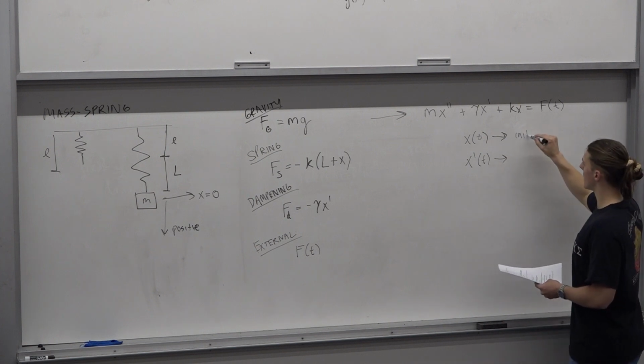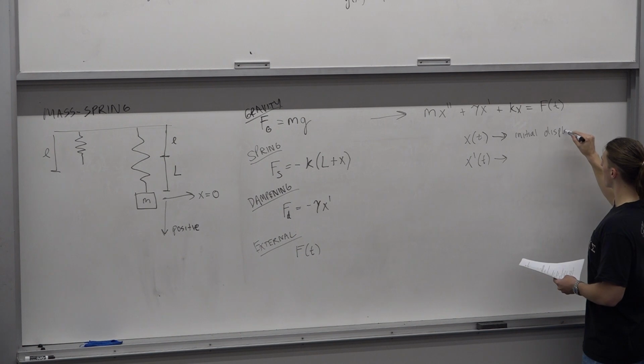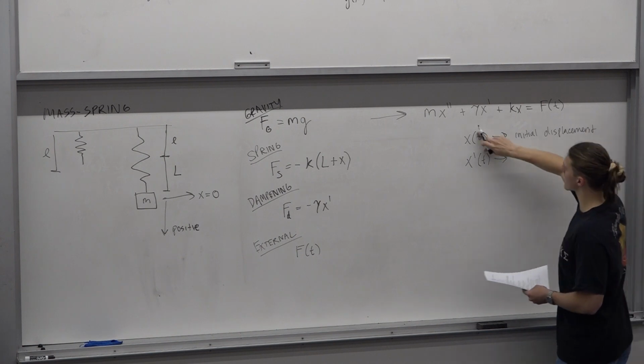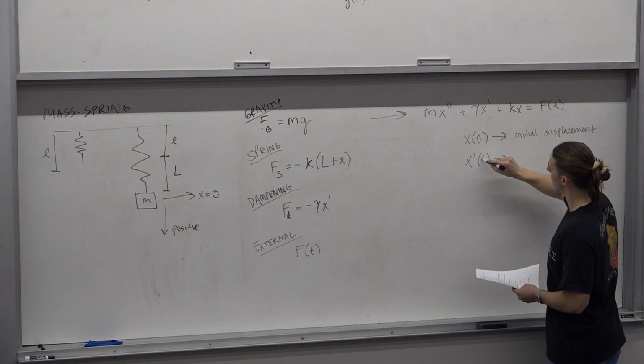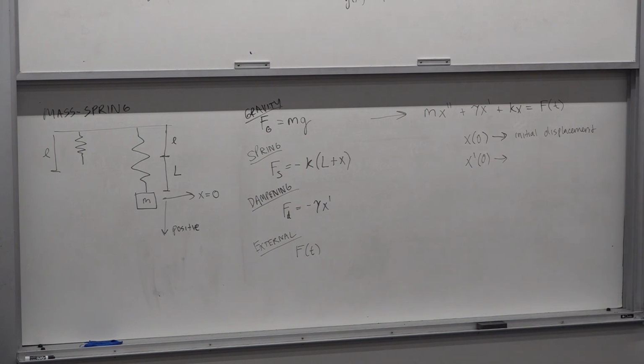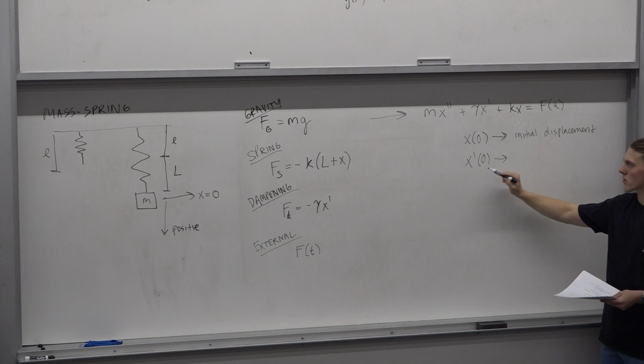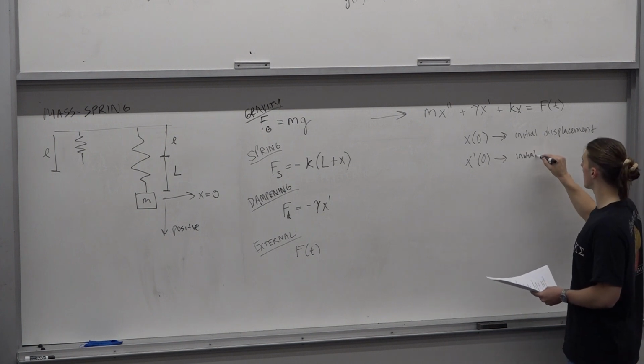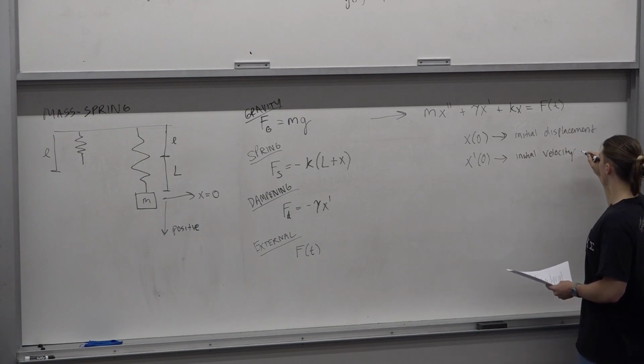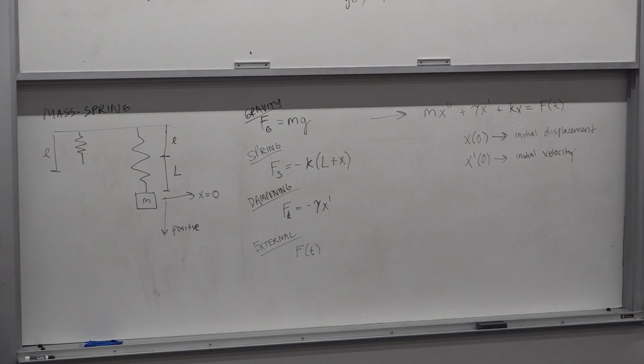This is your initial displacement at time equals 0, and this is your initial velocity at time equals 0. With all these facts, we'll probably just get a blurb on the system, and you have to get this equation and use the same methods we've been using before to solve it. So let's get right into it.